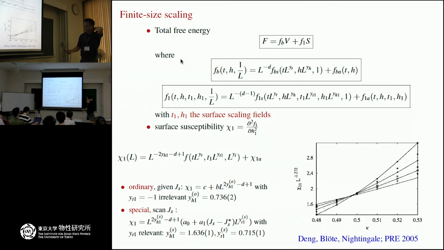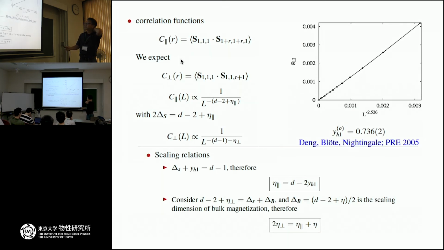So this is the classical model, and we can also study correlation functions like this on the surface, S1 to S1 plus x, this is x plus r. So the two surface spins are at a distance r.